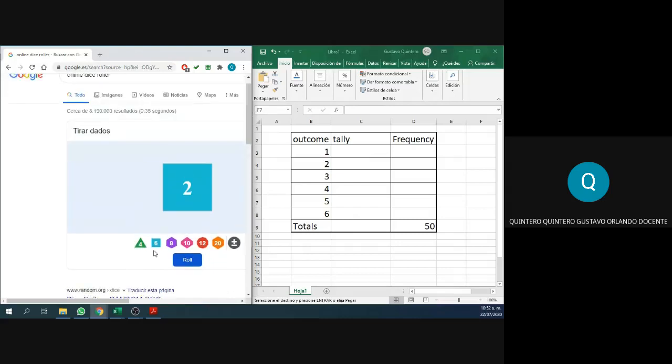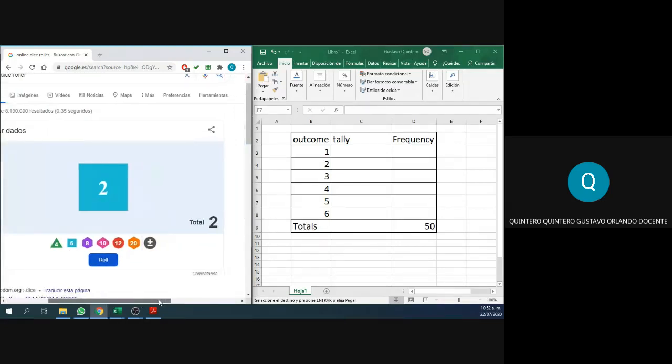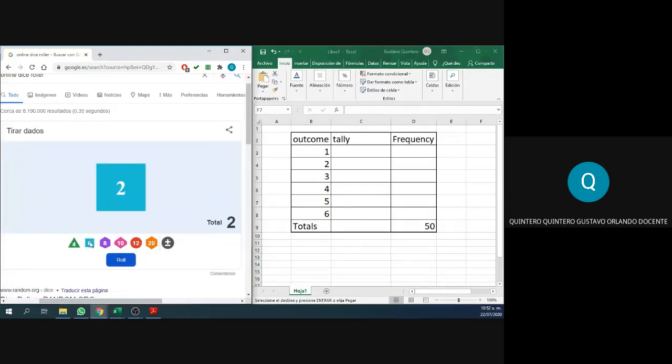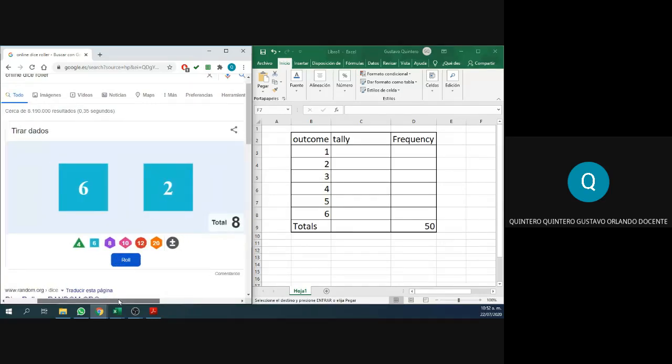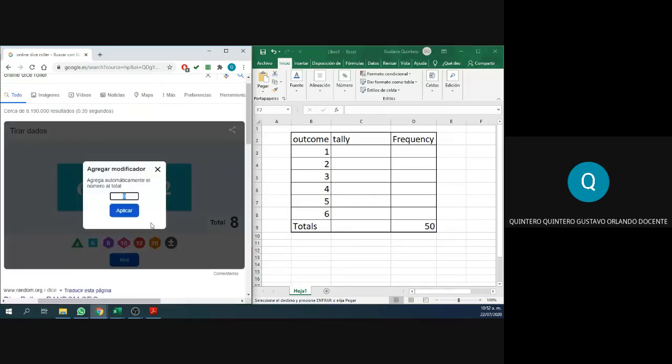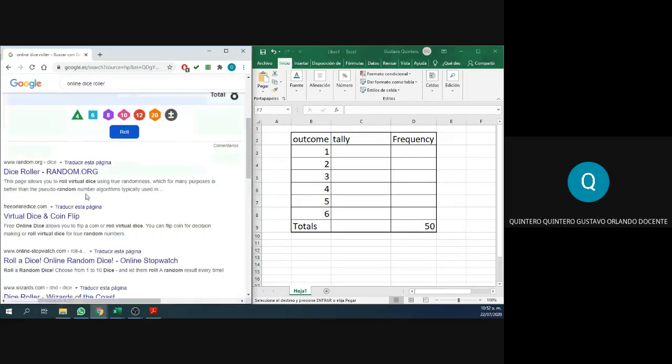So I have the dice in here, right? So I'm going to select 6 faces. No, what is this? I just want one dice. I don't know what's going on. All right, let's find another one. This one.